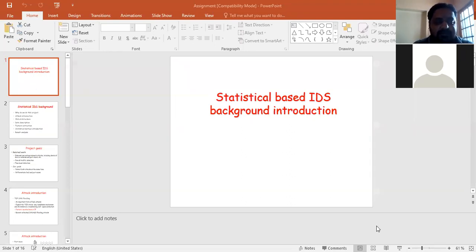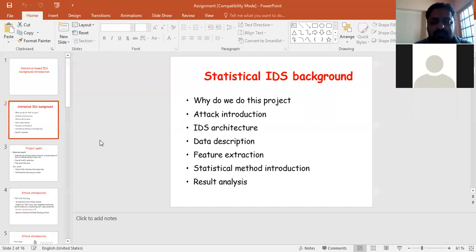So there are different intrusion detection systems. Here we will discuss the project, or we can say the assignment for this subject.